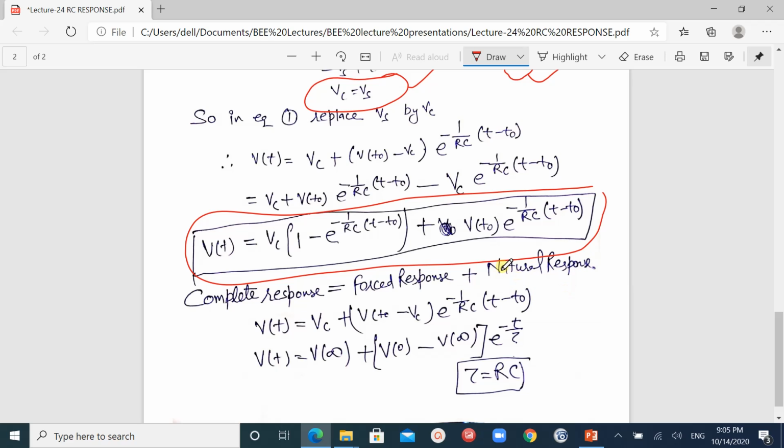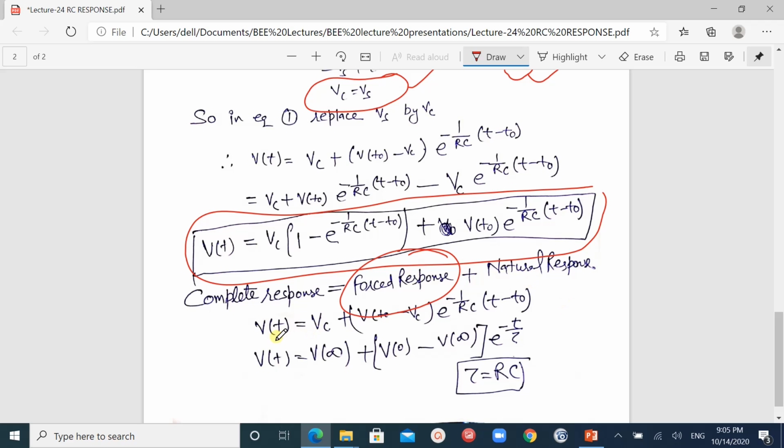In this derivation we talked about the forced response because we have the external voltage source connected in the circuit, and natural response is when we do not have the external source connected to the circuit, as I have explained in the previous video.